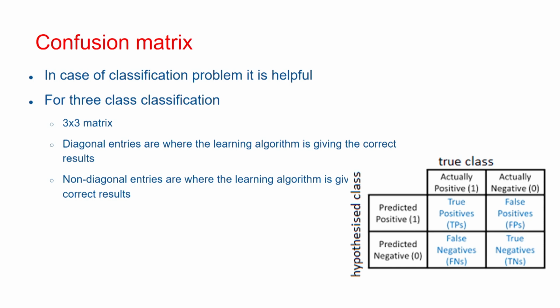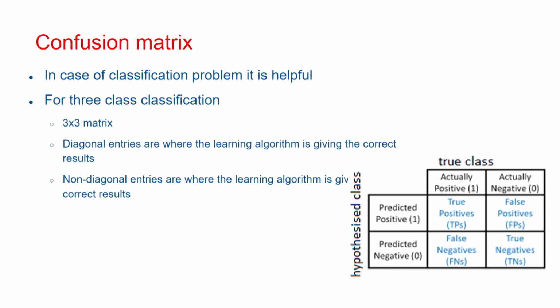Now, the third entry corresponds to predicted negative and actually positive. This is again misclassification because these instances are actually positive, but the machine learning algorithm predicted their label as negative.